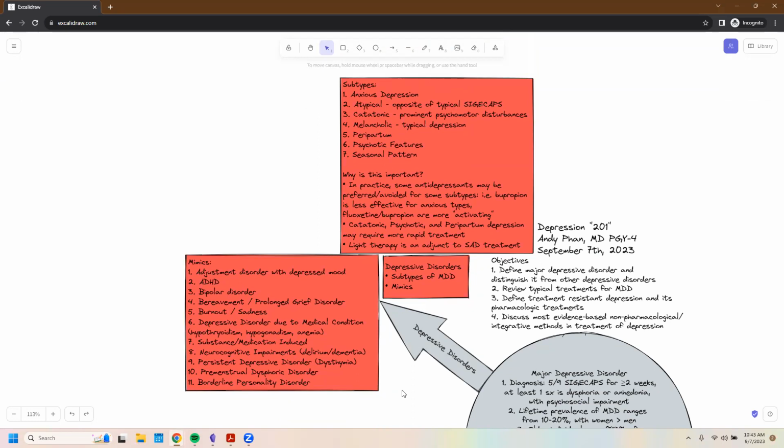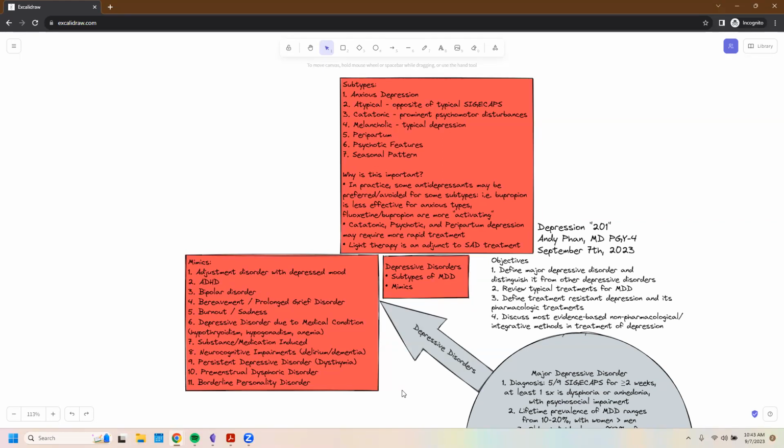Adjustment disorder will always have some kind of defining event, whereas with MDD it doesn't necessarily have to have an event. You can just feel sad or depressed from your overall condition and quality of life. Adjustment disorder will always have some specific life event, and it doesn't meet full criteria of major depressive disorder.